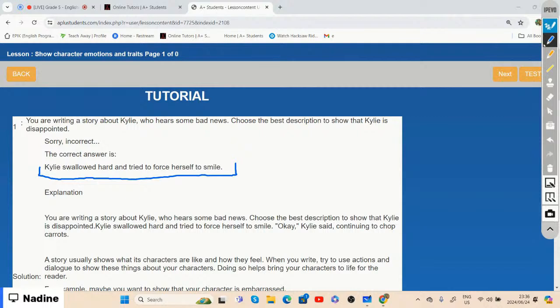And usually, when we are showing any of those emotions or traits, there's a description that goes with it. Instead of just saying that I am embarrassed or disappointed, my face will show it, right? Or instead of just saying that I'm angry, you'll maybe see it, or hear it in the tone of my voice, right?